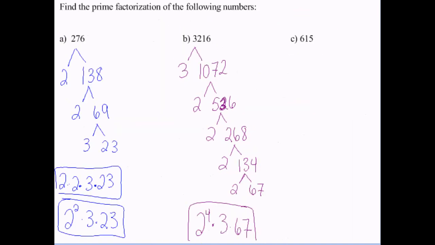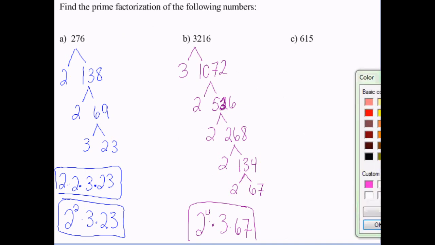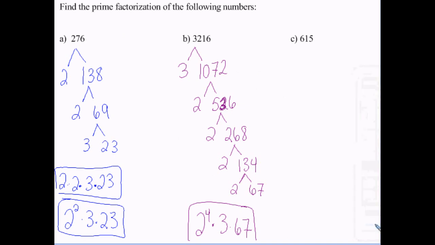We have one more to divide. 615. What will that divide by? 5. Or I was told to do 3. Or 10. No, 10 has to be 0. Yeah, sorry, 5. Okay, how many times will 5 go into 61? 12. And into 15? 3. 123 will divide by 3.